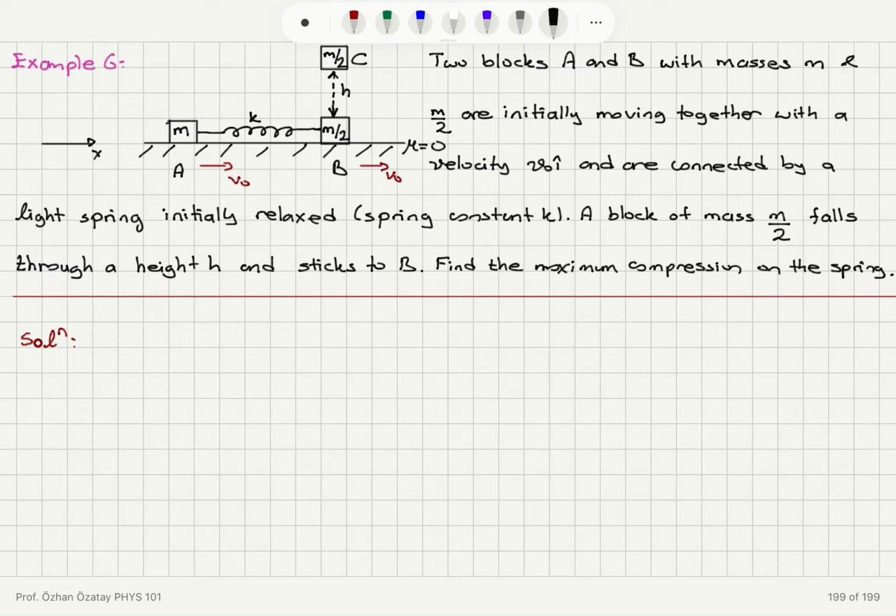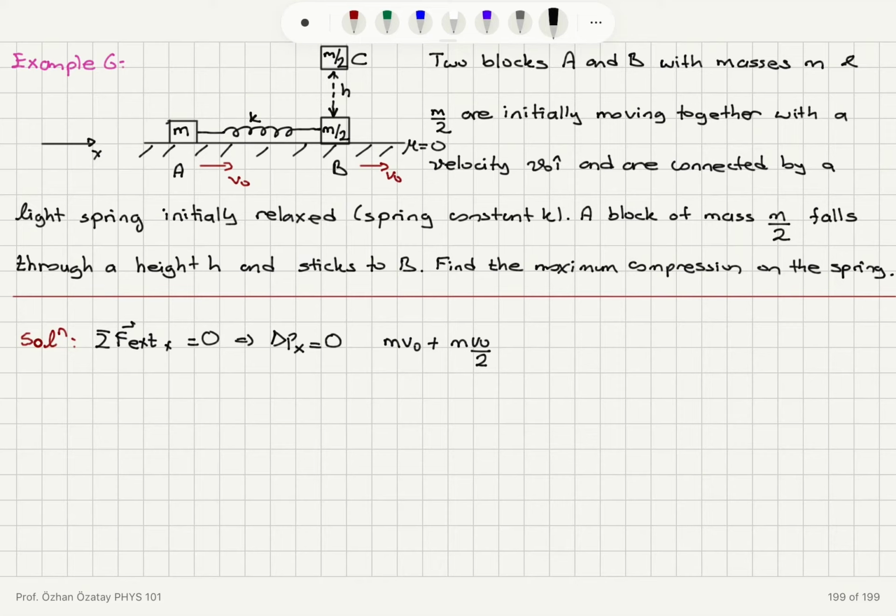when I look at this system and I look at the net external force on the x-axis, this is equal to 0. Therefore, I have conservation of linear momentum on the x-axis. So we have an initial linear momentum mv0 plus mv0 over 2, and C does not have any velocity on the x-axis, so it falls directly onto B and sticks to it.